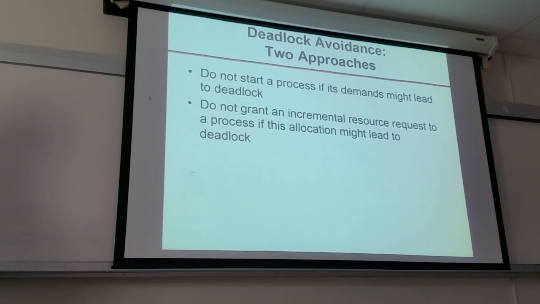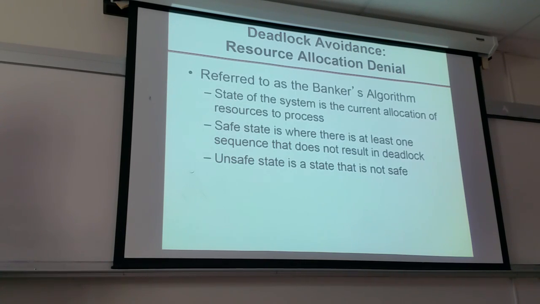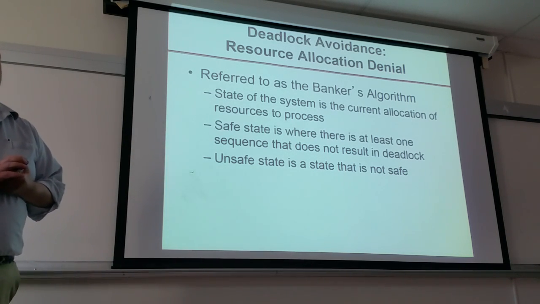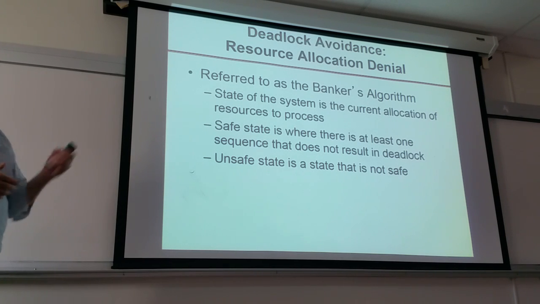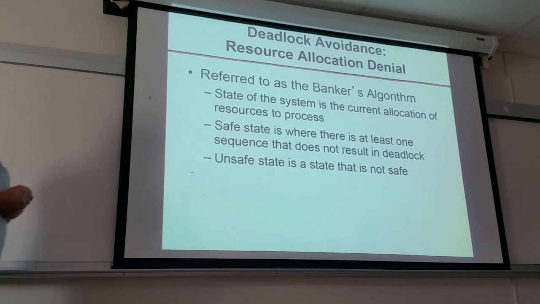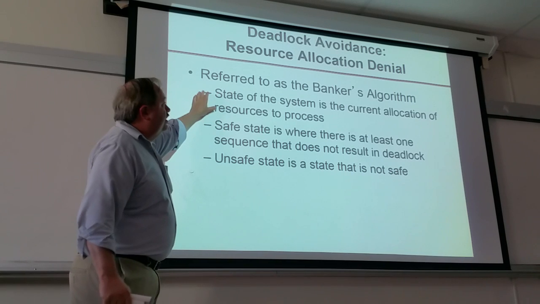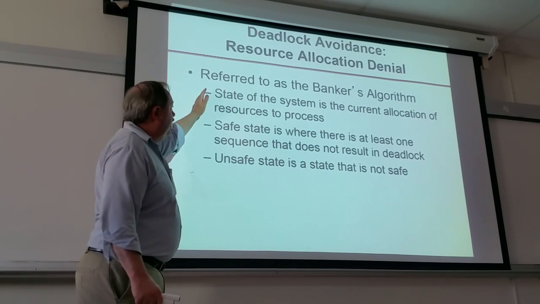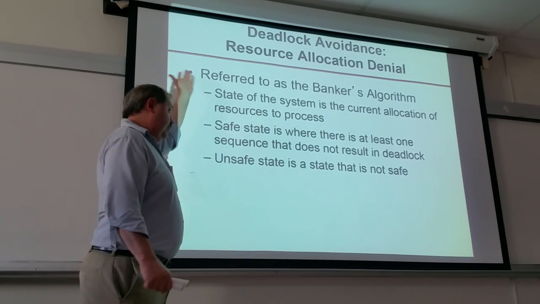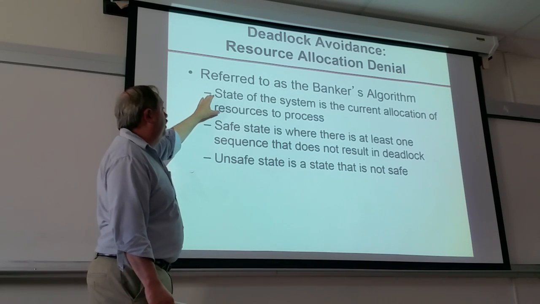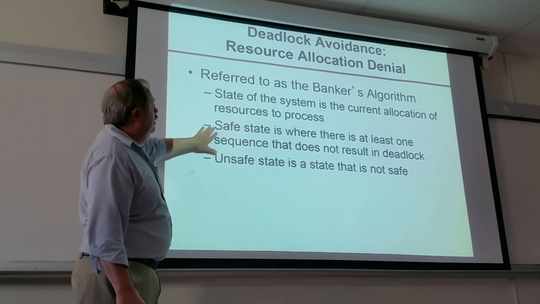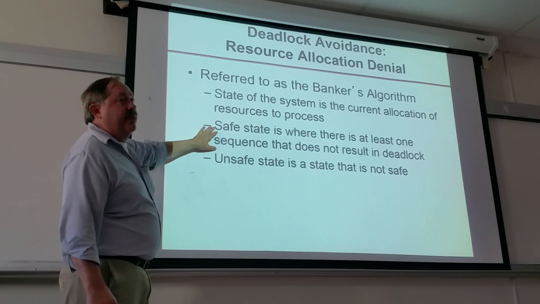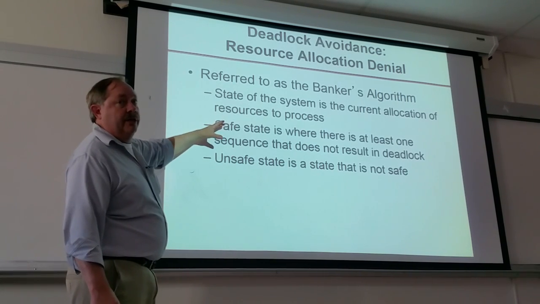That's the high-level description of what this algorithm is trying to do. The classic algorithm that we'll study, and most systems have implemented some variant of this, is the Banker's algorithm. What it does is it has the state of the system's current allocation of resources to processes, similar but not the same as what you saw in detection. And it's going to run a safety algorithm, so it has an algorithm within an algorithm.